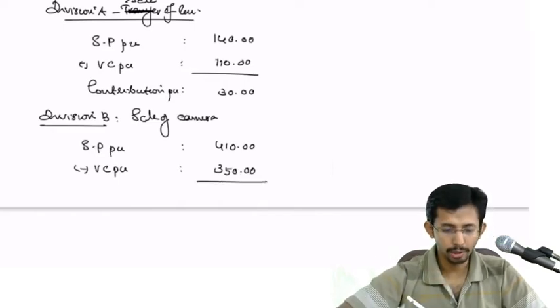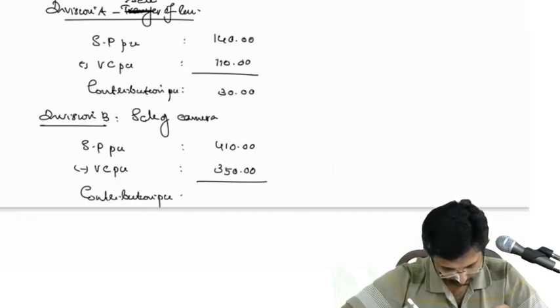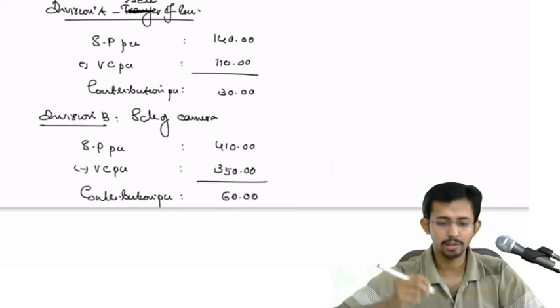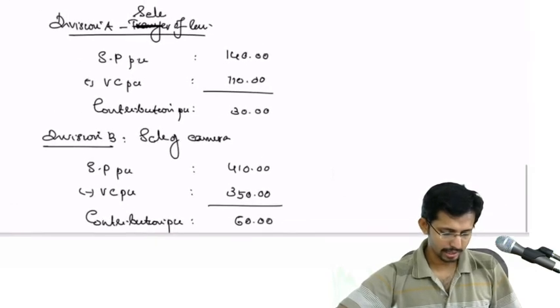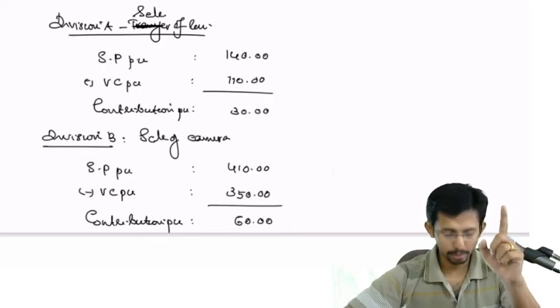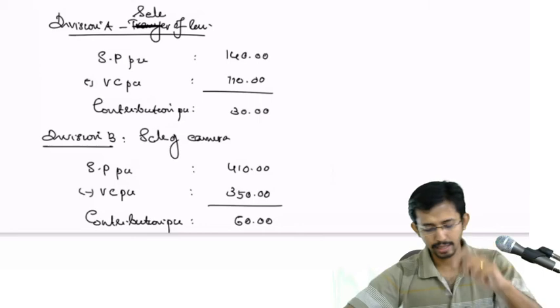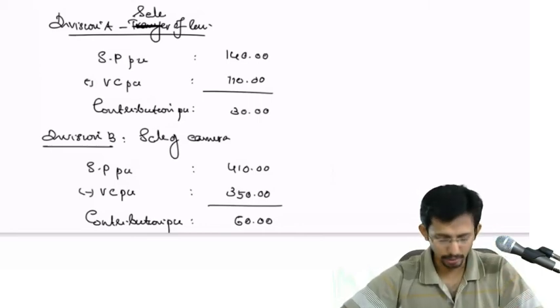And contribution per unit will be 60 per unit. Okay, so when division A sells 1 unit of lens, it is getting a contribution per unit of rupees 30, and division B is getting a contribution per unit of rupees 60 when it sells 1 surveillance camera.